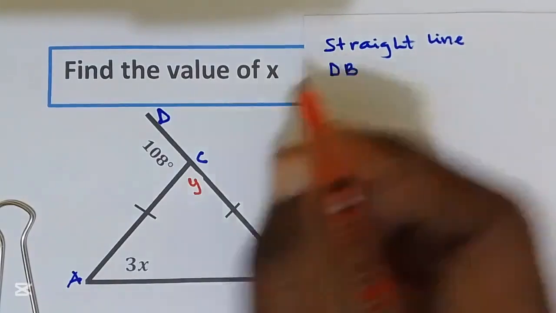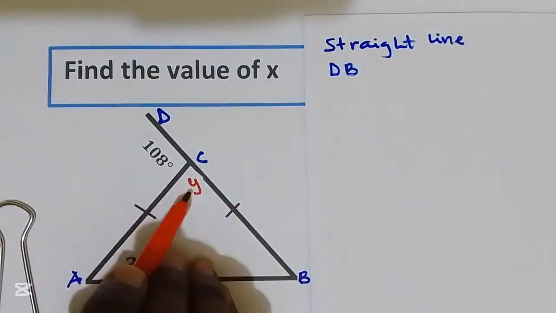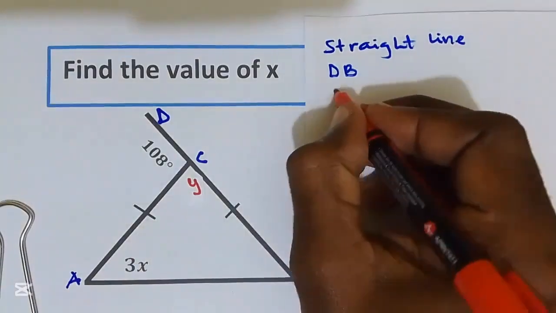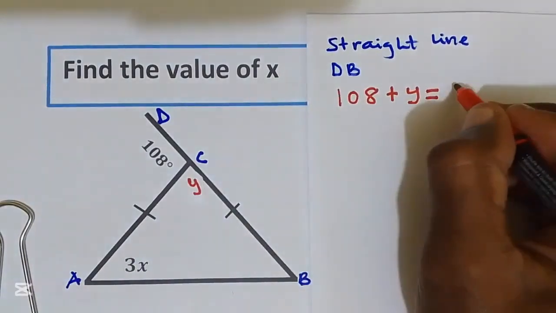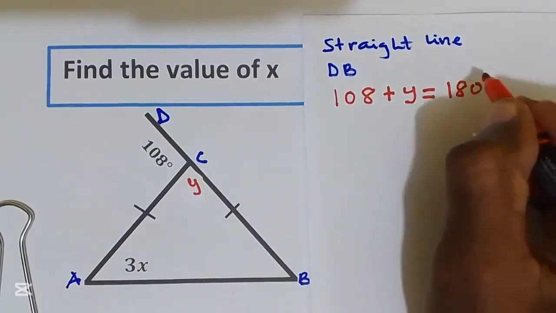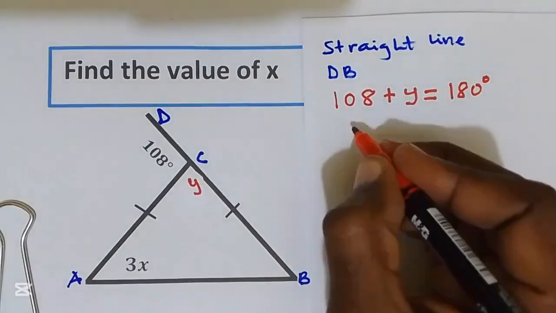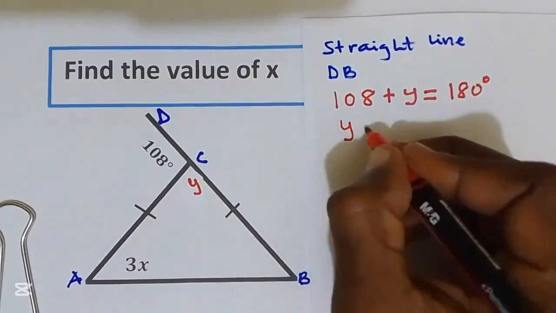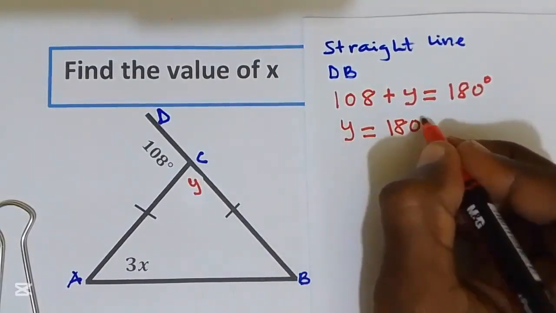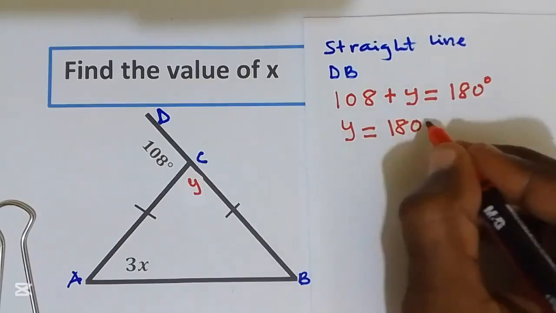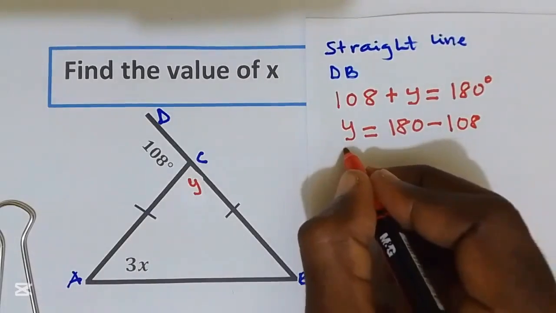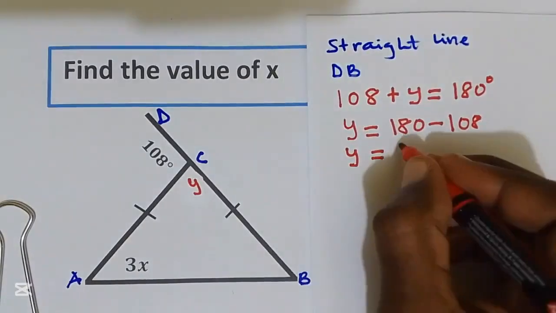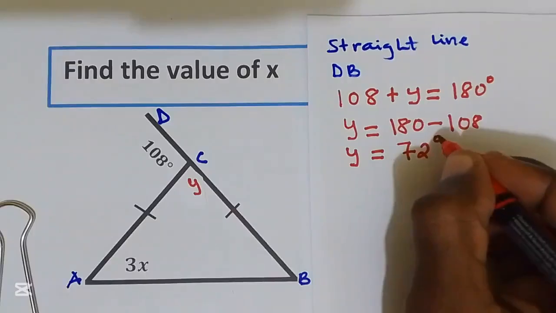That means if I take 108 plus Y, this is equal to 180 degrees. I'm going to find the value of Y. That is, Y is equal to 180 take away 108. This gives us Y is equal to 72 degrees.